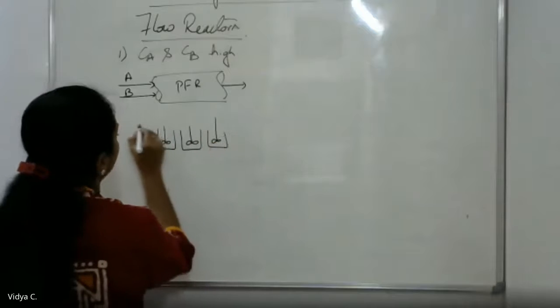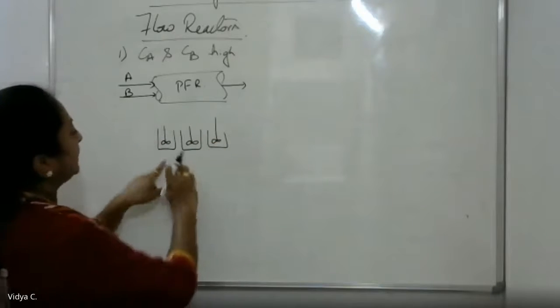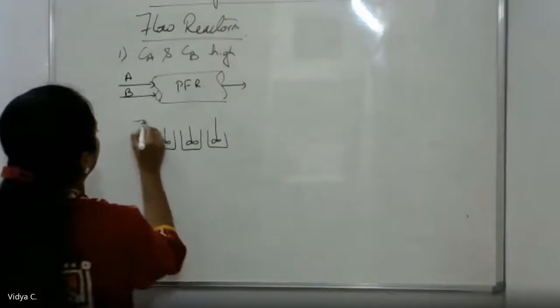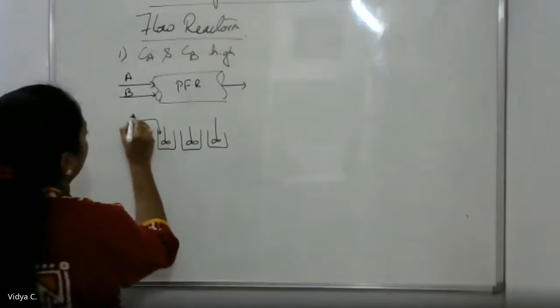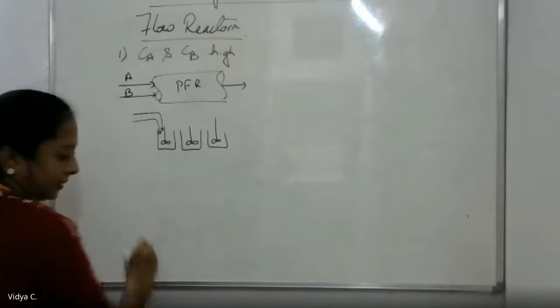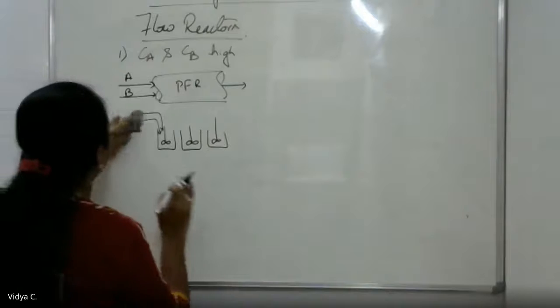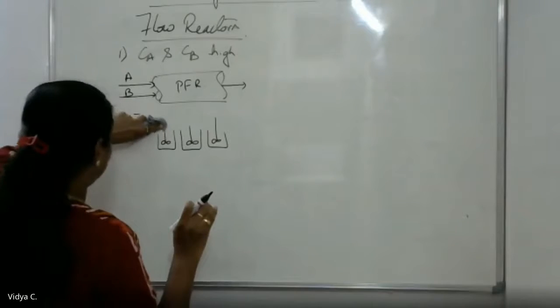At the end of my video, I'll show you how n CSTRs will be equal to one plug flow reactor. Sorry, one second. I can't pass them together because both should be higher, no?